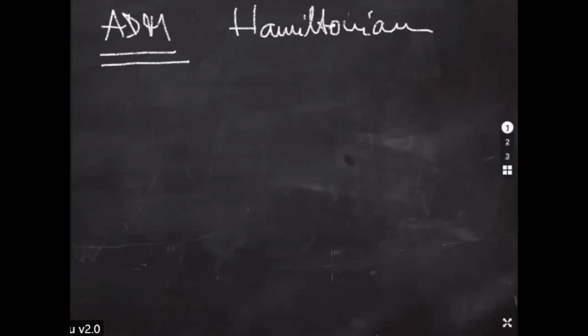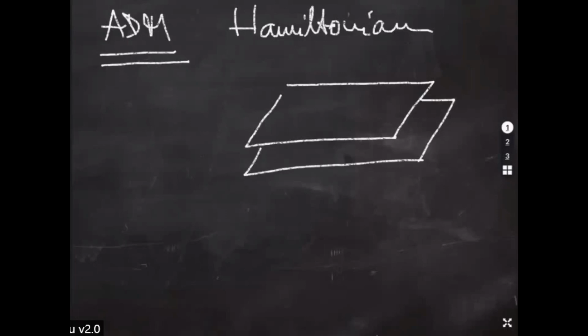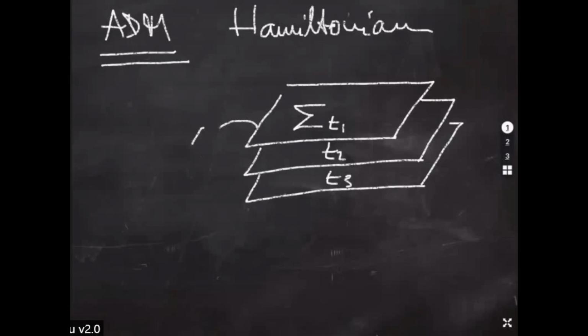So in this formalism, you suppose that space-time is foliated. You have a sequence of leaves, as they call them, which represent space-time. These surfaces are called sigma at different t's. So this could be t1, t2, t3, etc. And the coordinates of each slice are given by x, y.